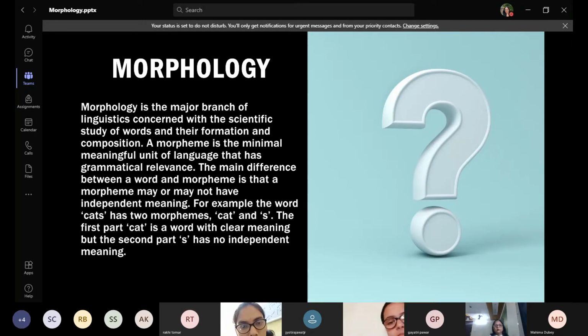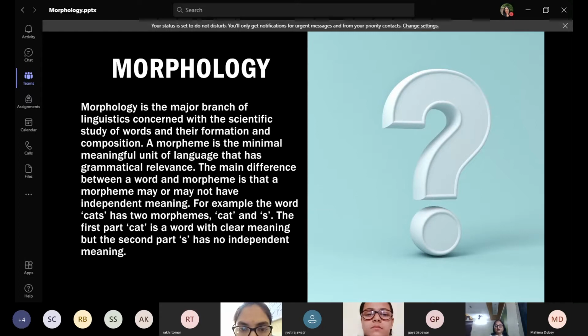Difference between the word and morpheme: a morpheme may have independent meaning, like predict, break. They may not have independent meaning. The bound morphemes do not have independent meaning. Able, un, un has got no independent meaning.